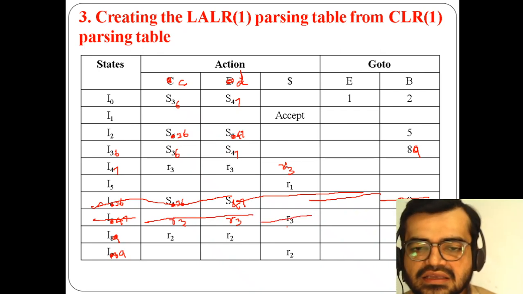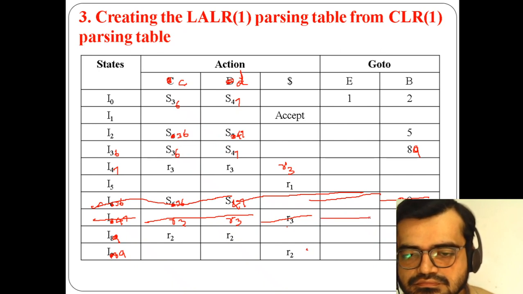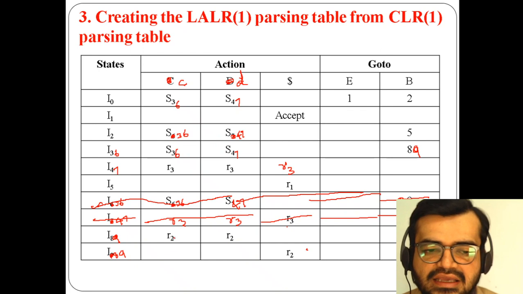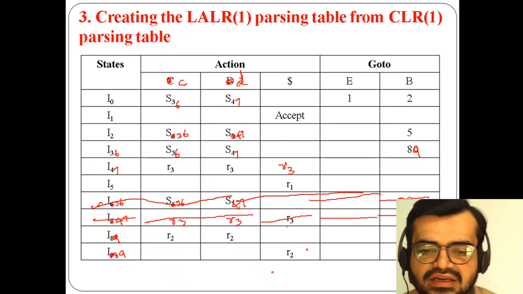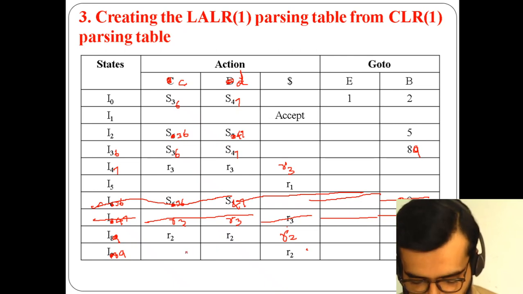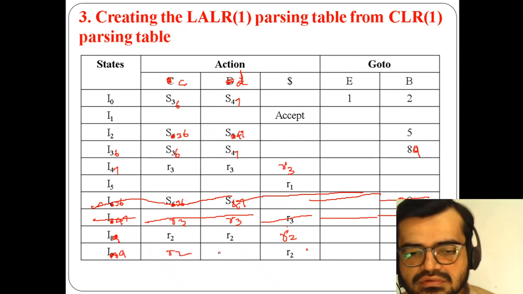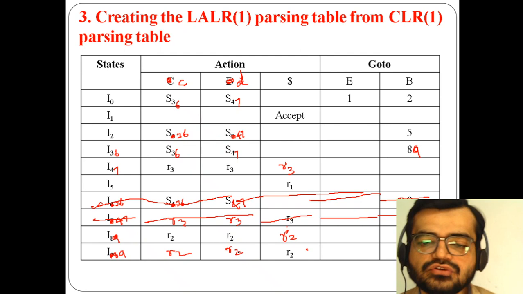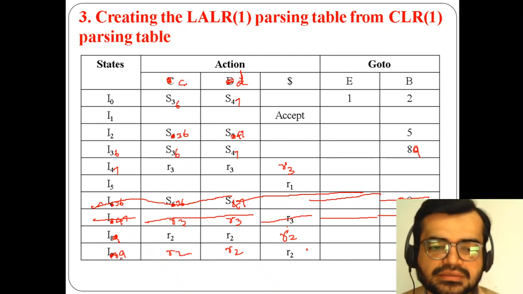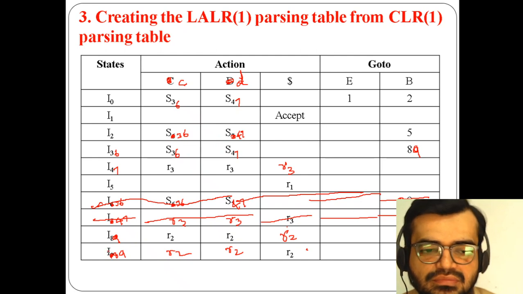I'm taking R3 here in this state. And finally in 89, 89, in the last two states, if I'm merging this, it becomes R2, R2, because first I need to merge and then reduce them, provided they are common. So after merging, I'm deleting this I89.